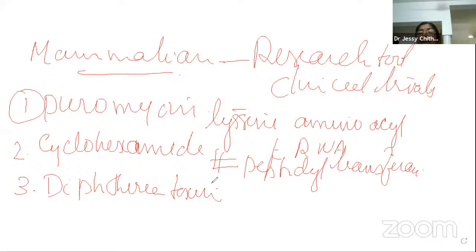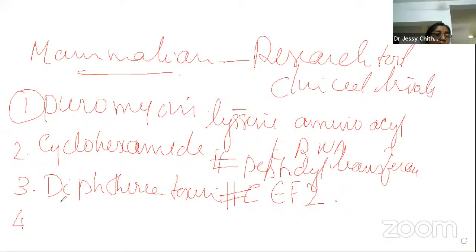What is the action of diphtheria toxin? Diphtheria toxin inactivates eukaryotic elongation factor 2. Understand? That is the action of diphtheria toxin.